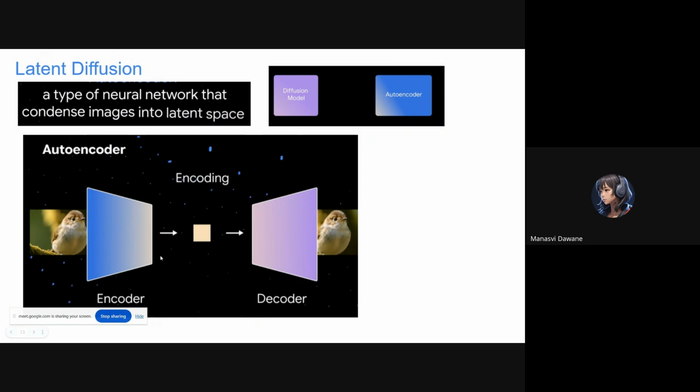So even if it is compressed, it has all the information, nothing is lost. So basically, instead of applying diffusion on pixels, the image is compressed and diffusion is applied on the latent space, so that it reduces computational cost.